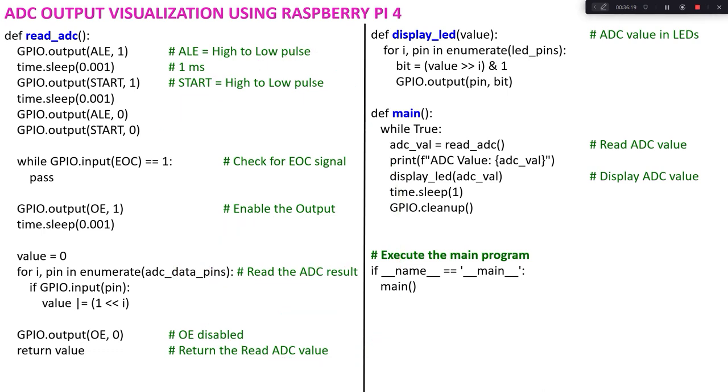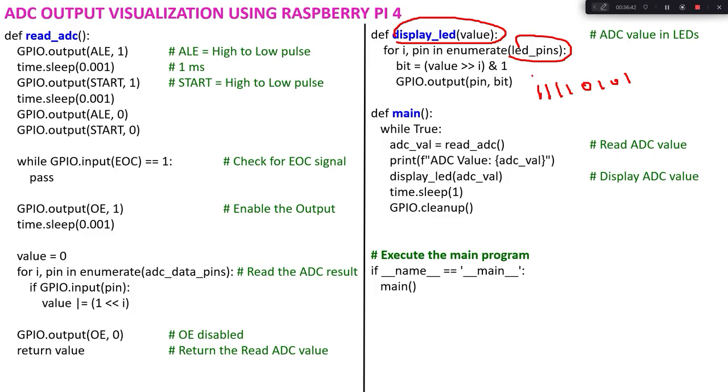Then to display it, pin by pin I have to display the value. We write a function called display underscore LED. We take the pins one by one. For example, let us assume I have the 8-bit value 11110101.